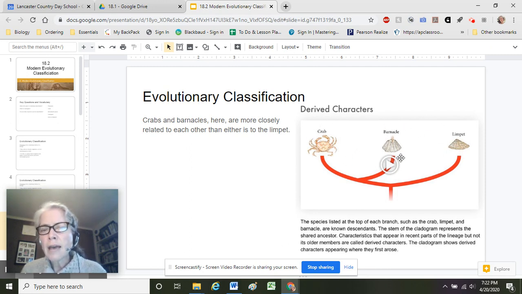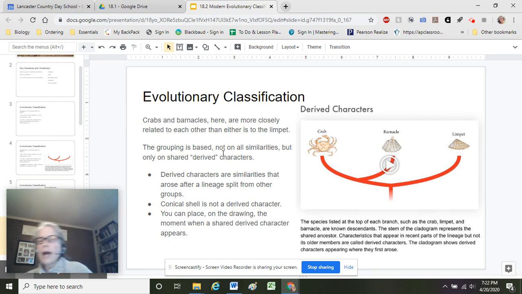So a good evolutionary classification groups the crab and the barnacle together as each other's closest relative in this set, and each of them is equally closely related to the limpet. Remember what I said, the barnacle is not more closely related to the limpet, it is equally related to the limpet as the crab is.